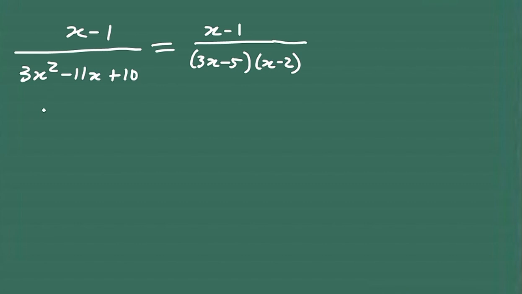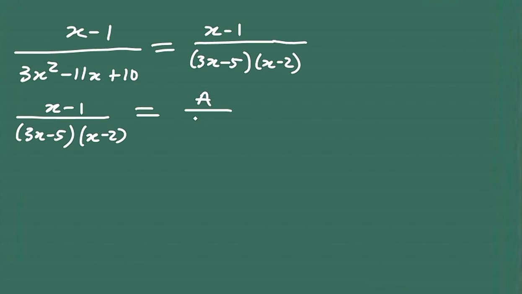So here we are going to say that x minus 1 all over 3x minus 5 times x minus 2 will be expressed as a all over 3x minus 5 plus b all over x minus 2.